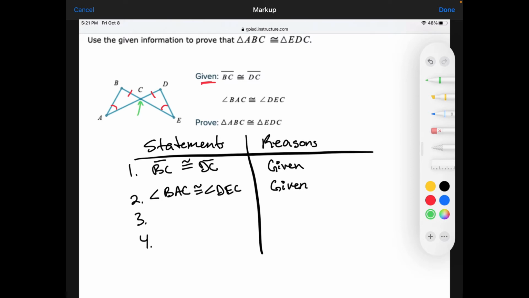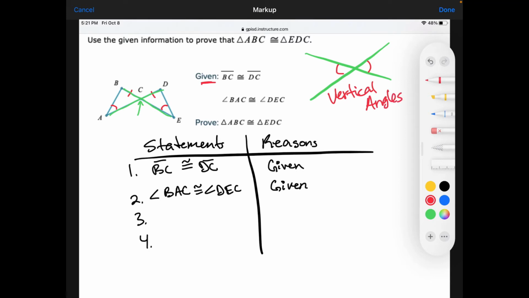Well, if you look at the picture, we notice that the two triangles are touching at one point. If I were to highlight line BE and line DA, you could see that they form an X. What angles are formed when two lines intersect and form an X? Well, we call these vertical angles.